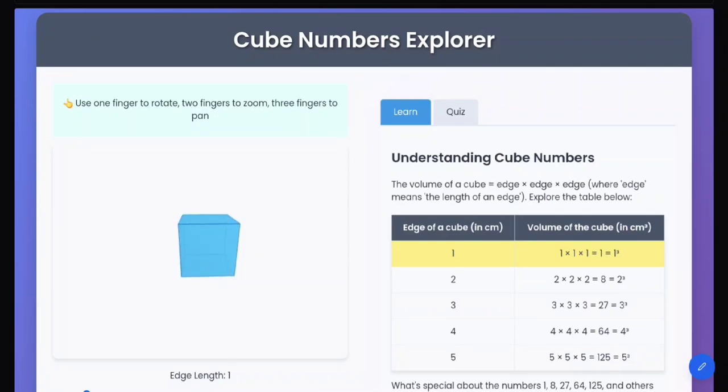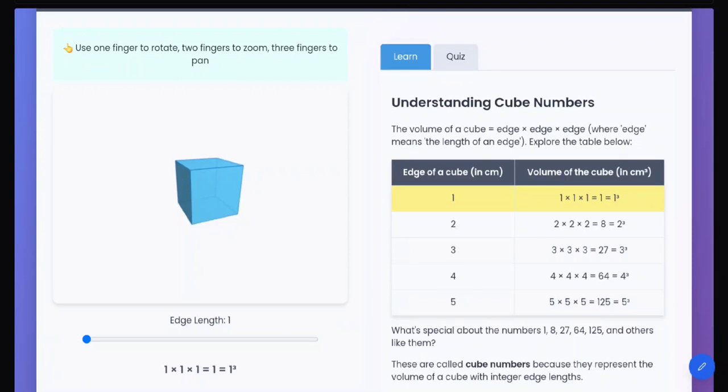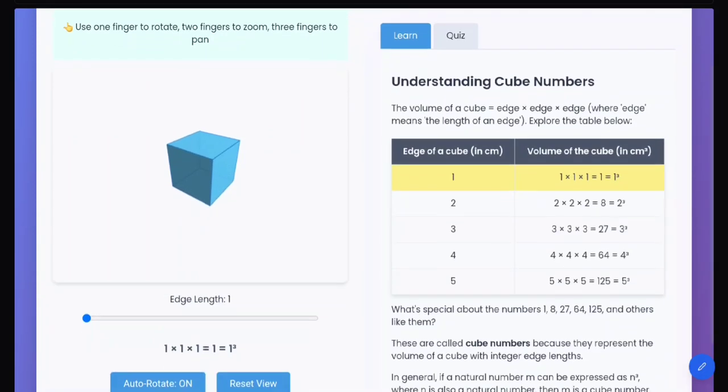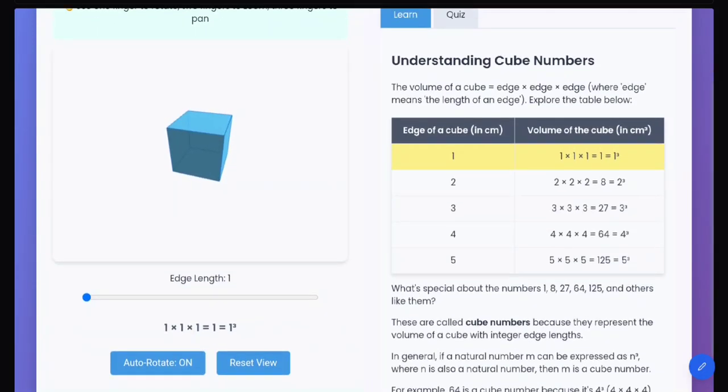Now to visualize, we have in our simulation here, let's say a cube of edge length 1 unit. We can see that it has length, width and height all the same, 1. Let me mark it for you. For that, let us first pause this auto rotate.